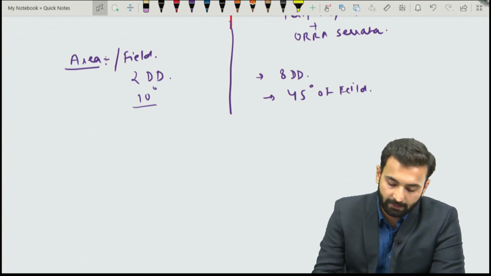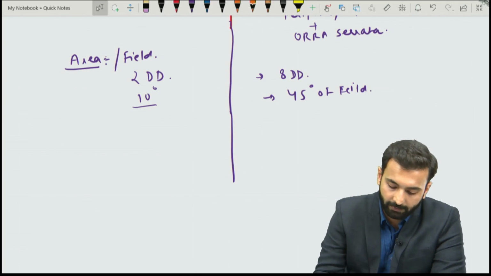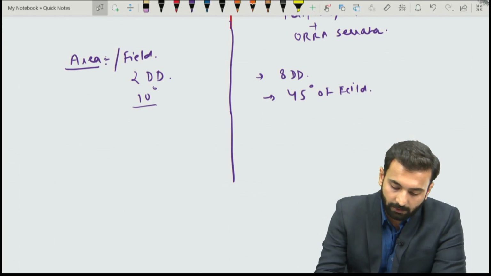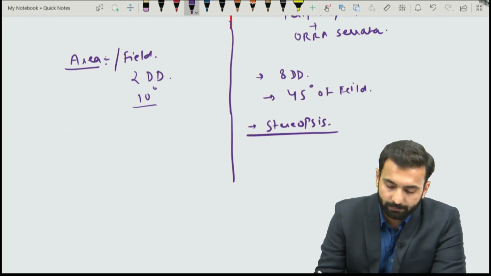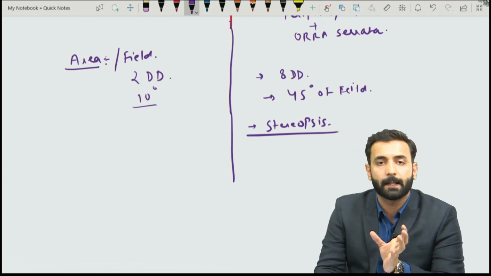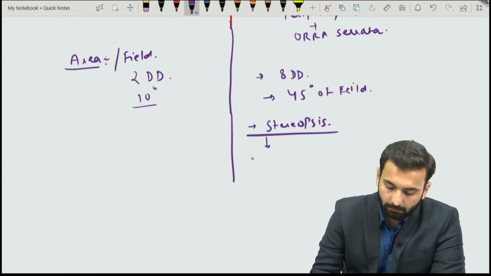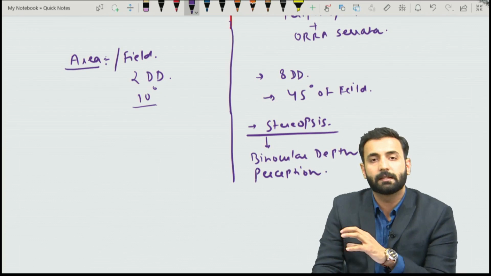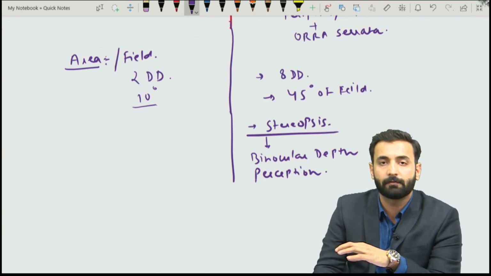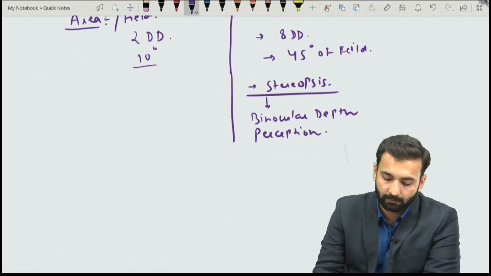Now what are the advantages of indirect ophthalmoscopy? The advantage is that it gives you stereopsis. What is stereopsis? Stereopsis is binocular depth perception, which is there in indirect ophthalmoscopy and absent in direct ophthalmoscopy, right?